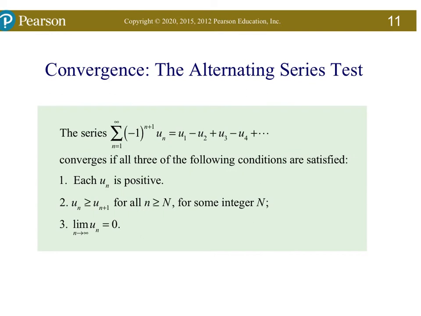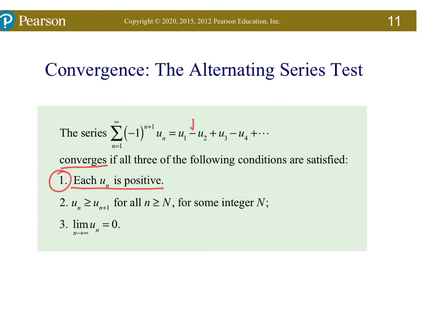So you will have convergence if the following conditions are satisfied. Condition number 1, each u term is positive. You might be going, wait a minute, you just told me we were dealing with all negatives. The negatives are the signs.